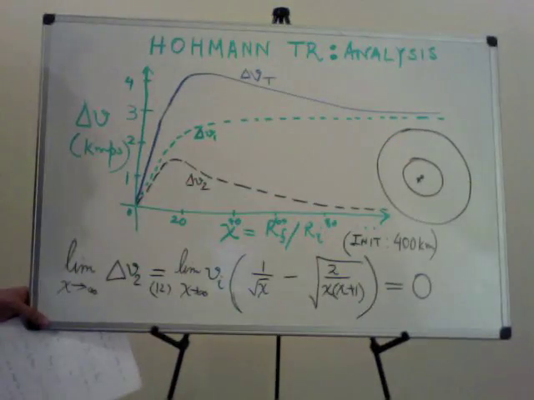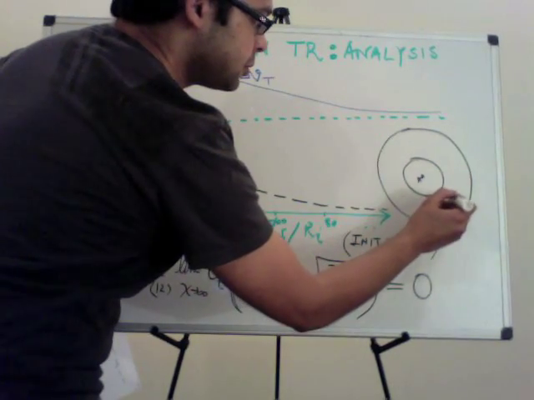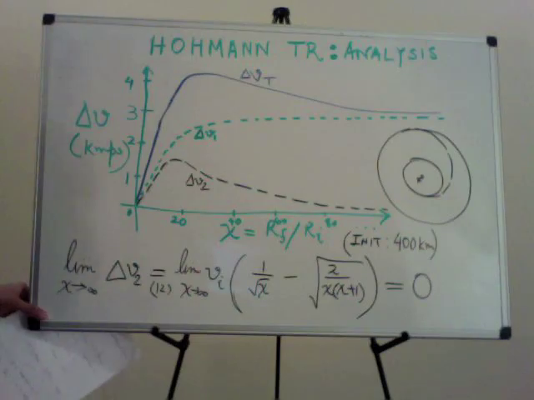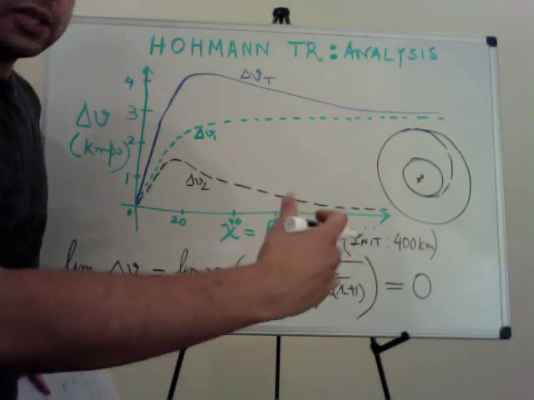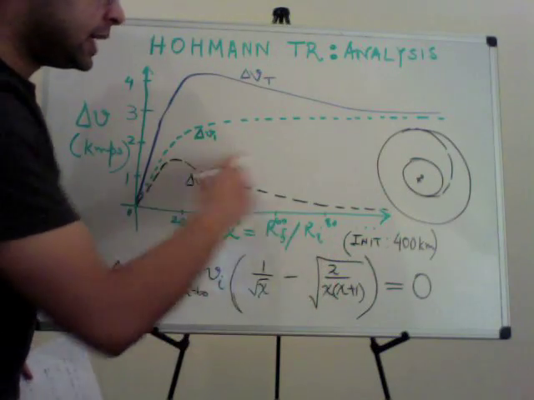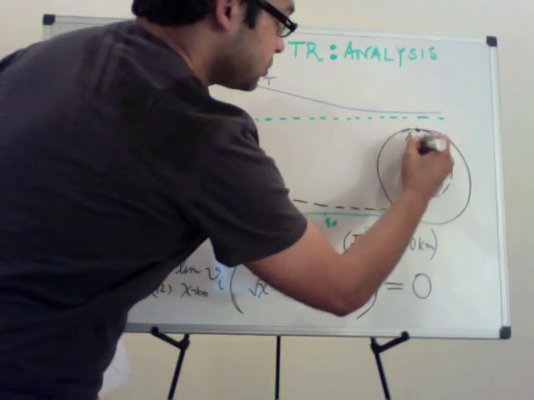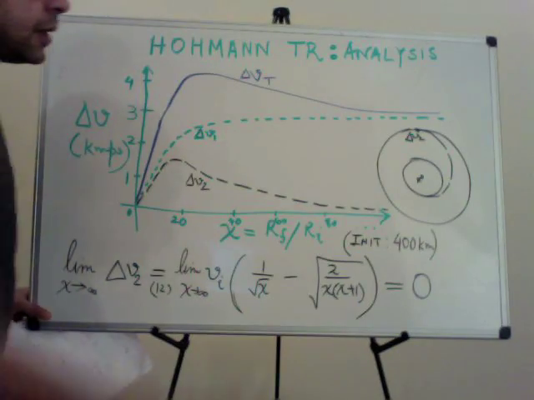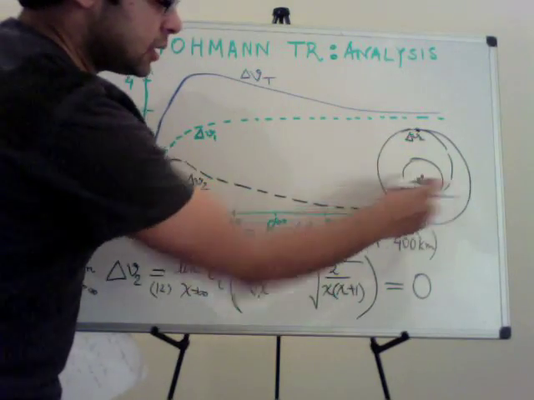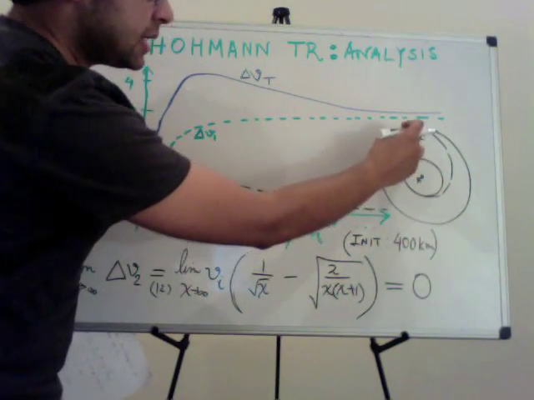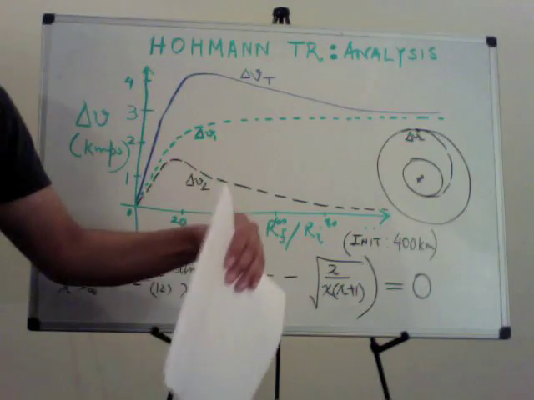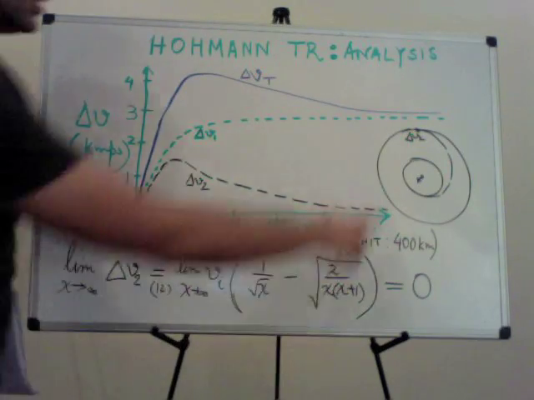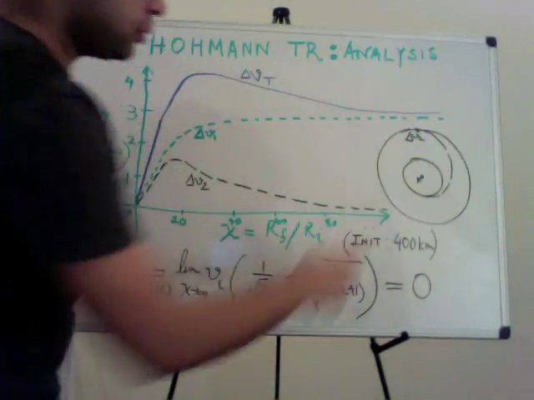And here's my transfer ellipse. Delta V2 takes place here. As the ratio chi increases, this outer orbit becomes bigger and bigger, eventually becoming a circle of infinite radius. Delta V2 goes to 0.